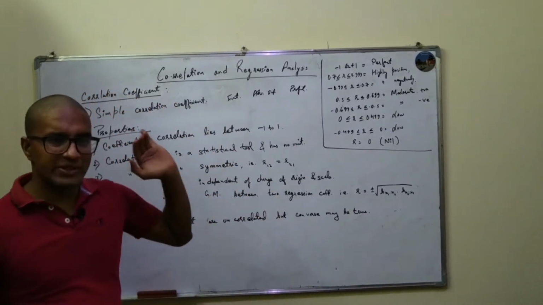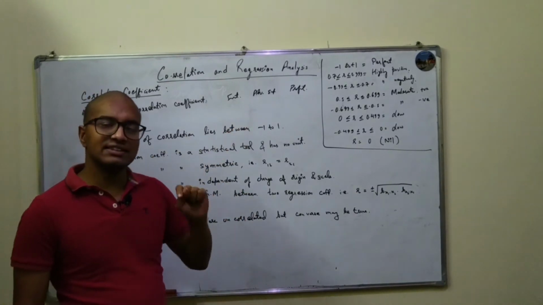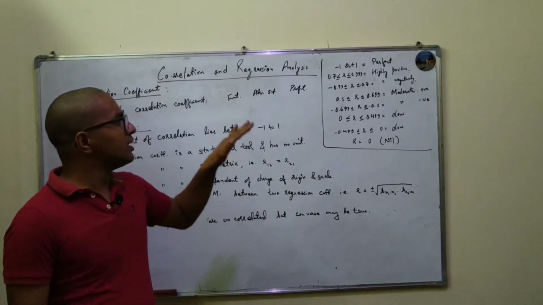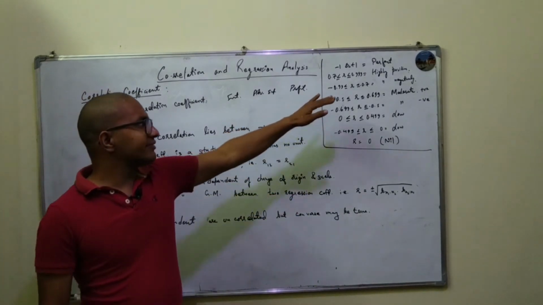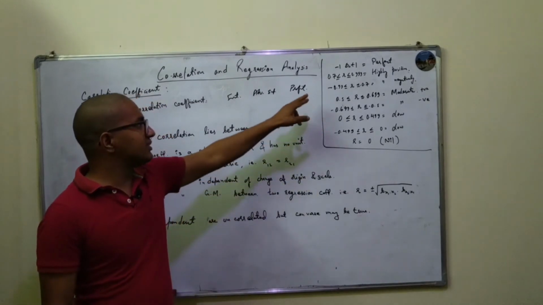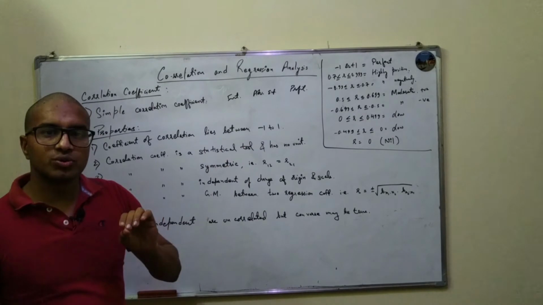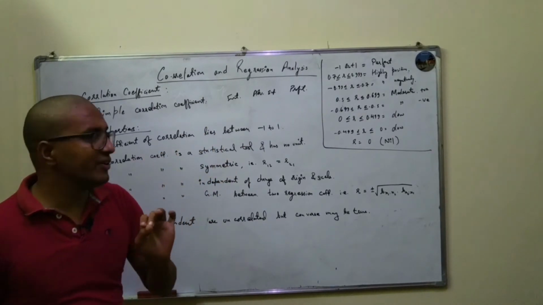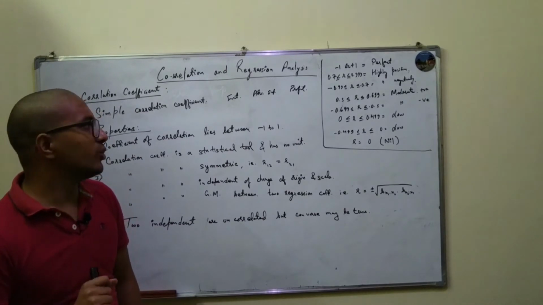If it is between 0.7 and 0.999, then it is highly positively correlated. For highly negative correlation it's the same thing: between -0.99 and -0.7, it is highly negatively correlated.